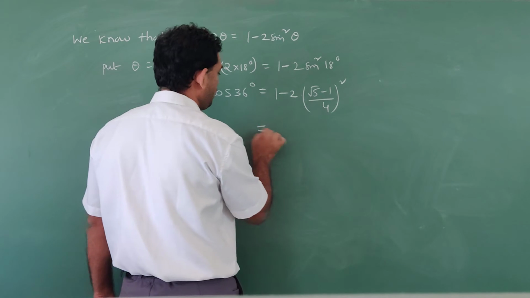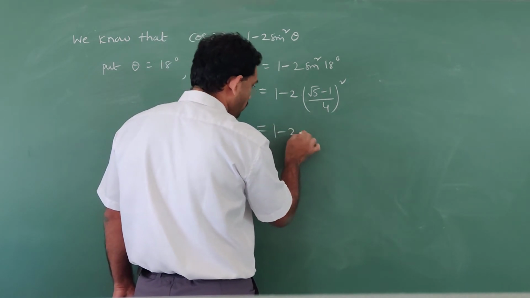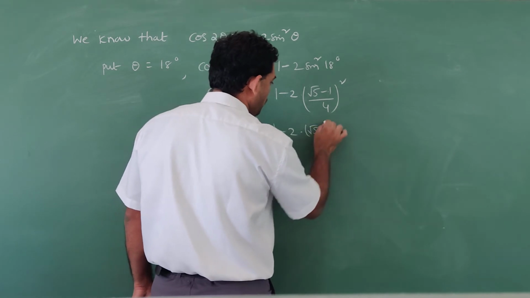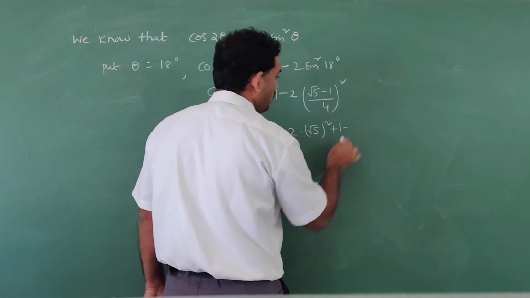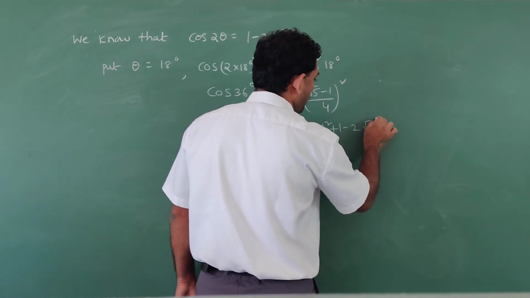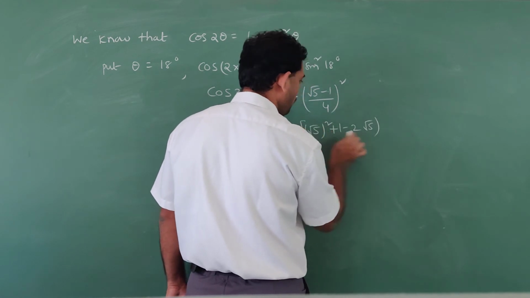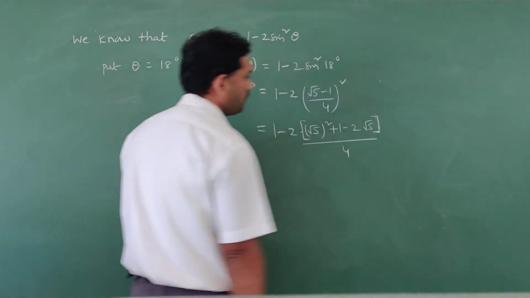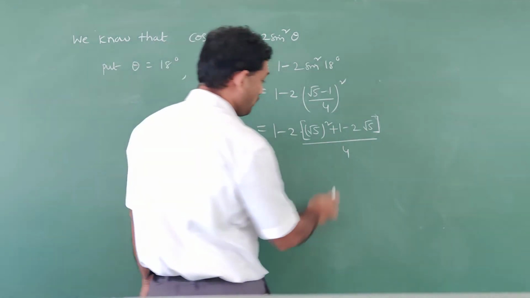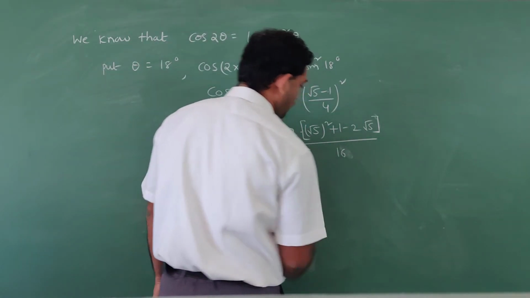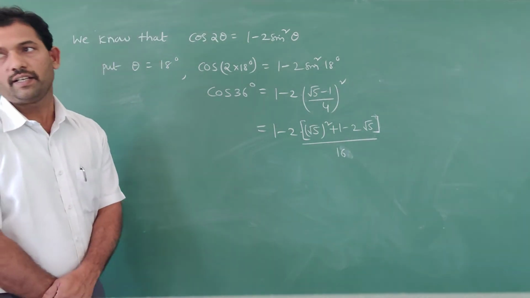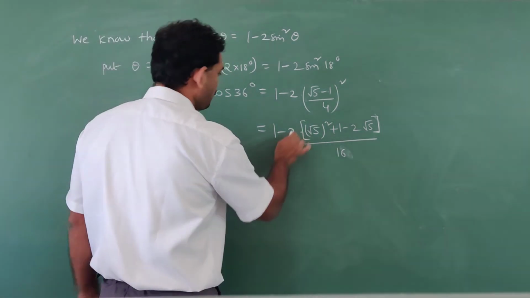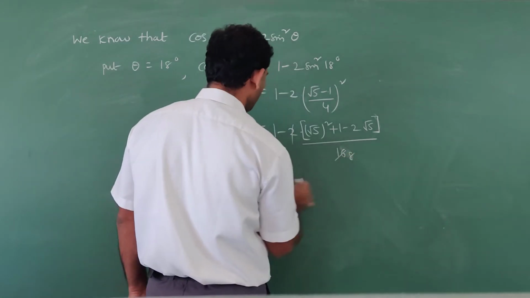Then simplify this. 1 minus 2 into a minus b whole square. So root 5 whole square plus 1 square minus 2 into root 5, divided by 4 square, sorry, 16. A square plus b square minus 2ab. Now 2 ones are 2, 2 eights.